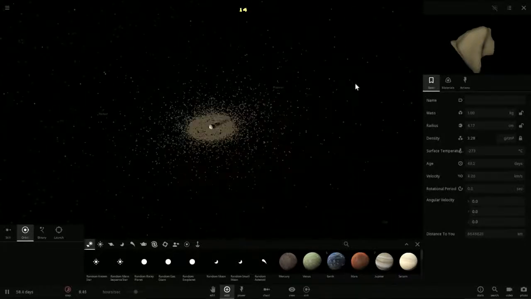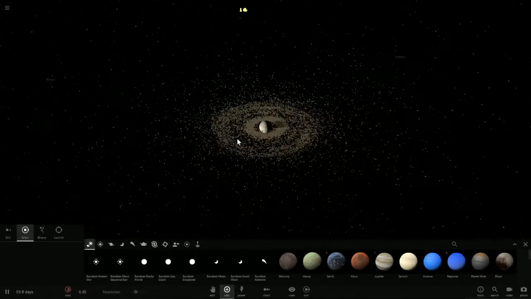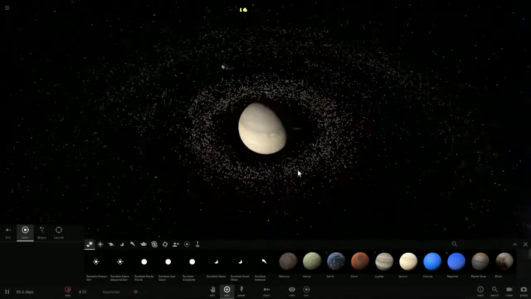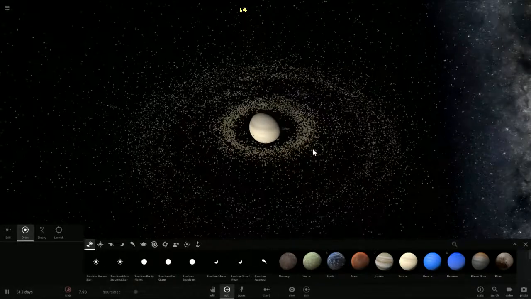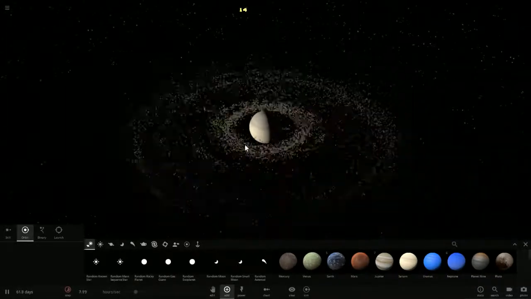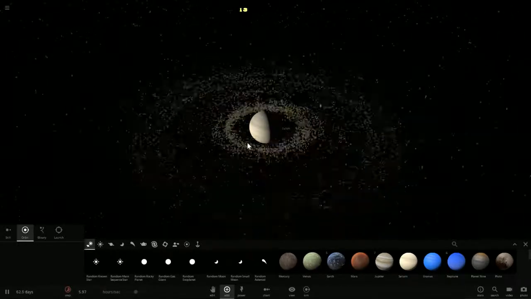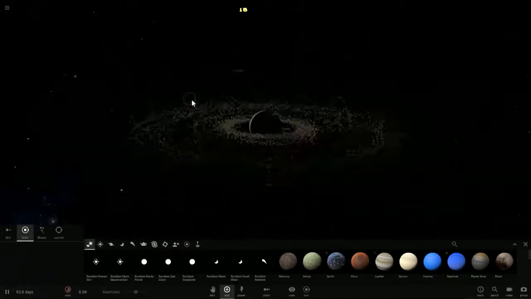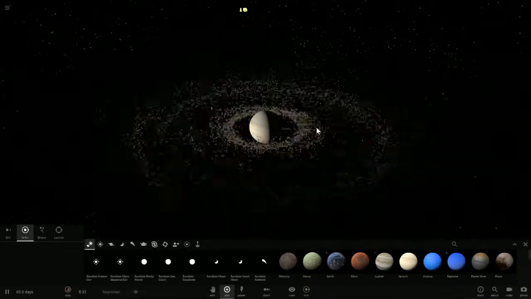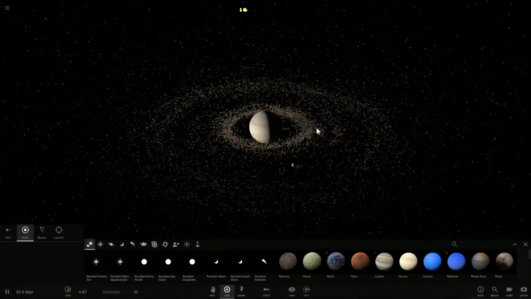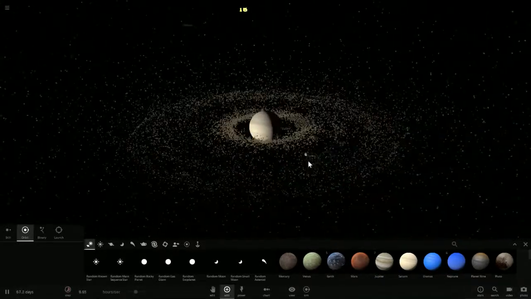So the real question is where did this moon go? It can't just disappear. It had to go somewhere. It's either been ripped apart by Saturn, or it's been spat out of the Saturnian system altogether, and it's either in orbit around the Oort cloud somewhere, or it's just been ejected from the solar system altogether.